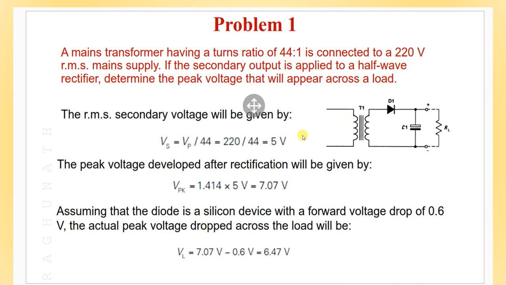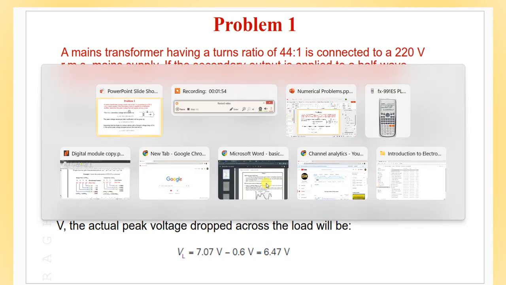So you have to divide 220 volts by 44. 220 into 1 by 44 is equal to 220 by 44, which will give you 5 volts.